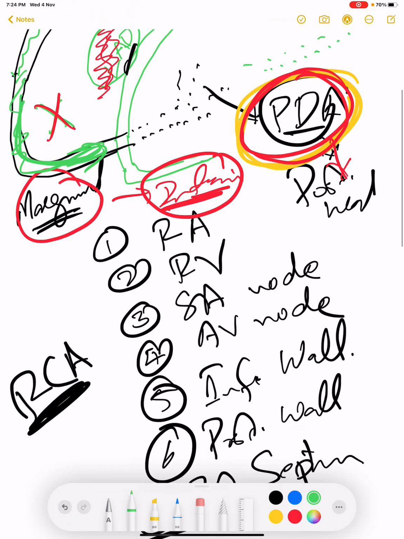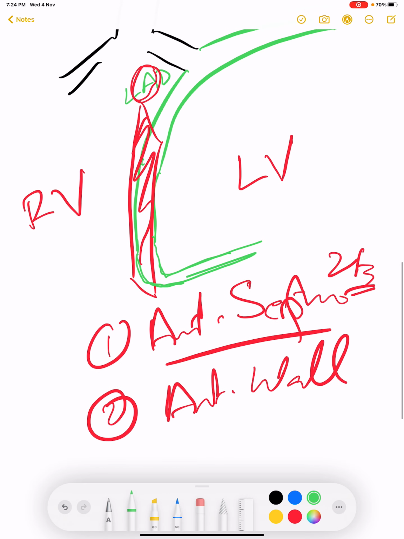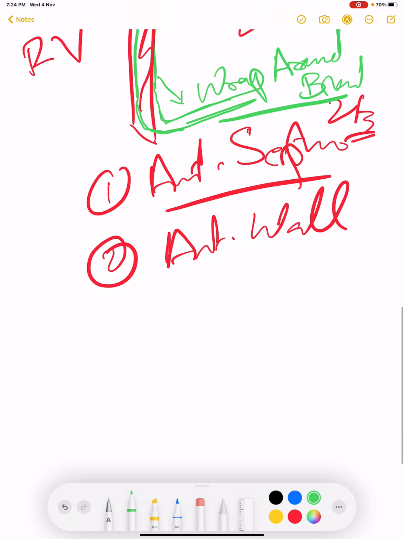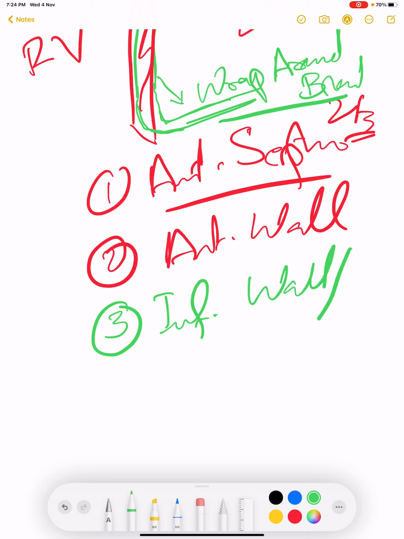Just like the right coronary artery, left anterior descending can also continue and wrap around the inferior border and supply the inferior wall of the heart, and this type of branch of left coronary artery is called a wrap around branch. So in case of wrap around branch, it supplies the inferior wall or inferior border of the heart.